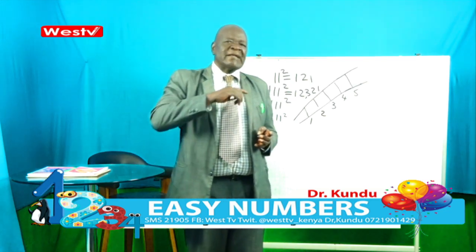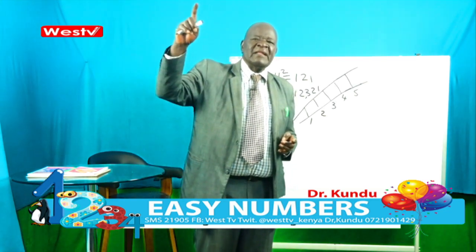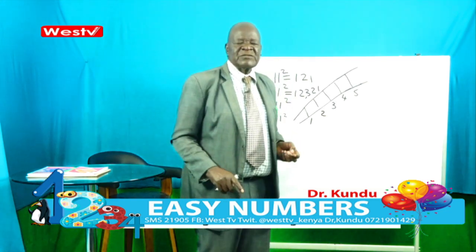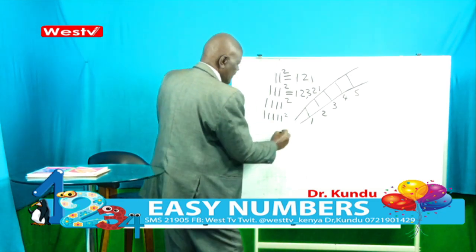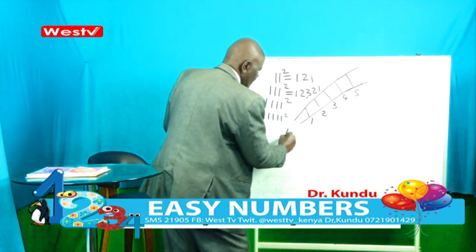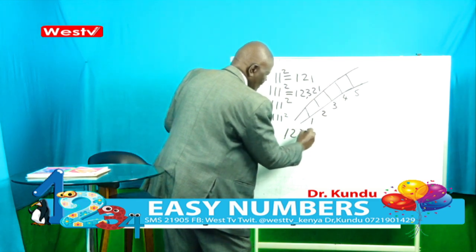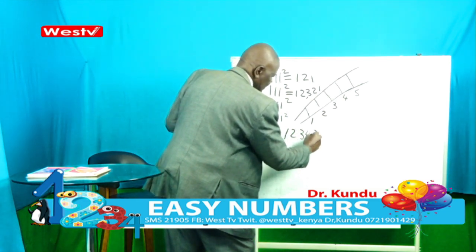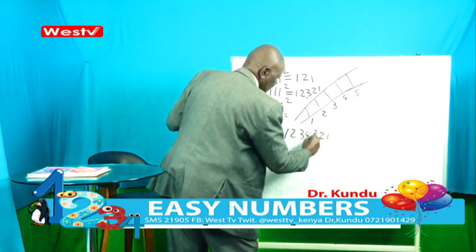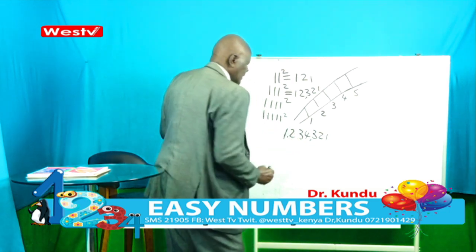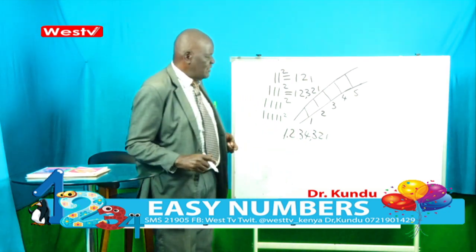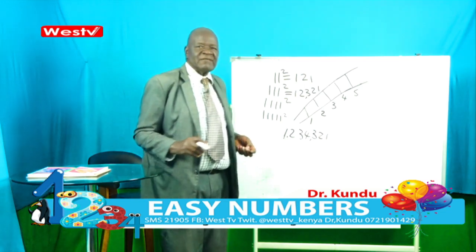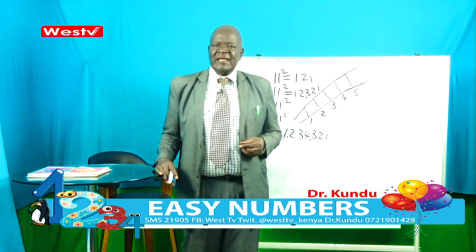So you will rise to stair 4 and then drop down to stair 1. And so the answer will look like 1, 2, 3, 4, 3, 2, 1. And then when you punctuate this one here, in mathematics that number will be called 1,234,321.